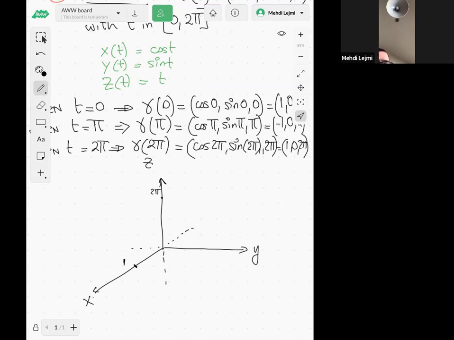Anyway, so for example, when t is equal to 0, you get the point (1, 0, 0). So this is gamma of 0. Okay. So then if you try to graph this helix, you're going to get something which looks like this here.